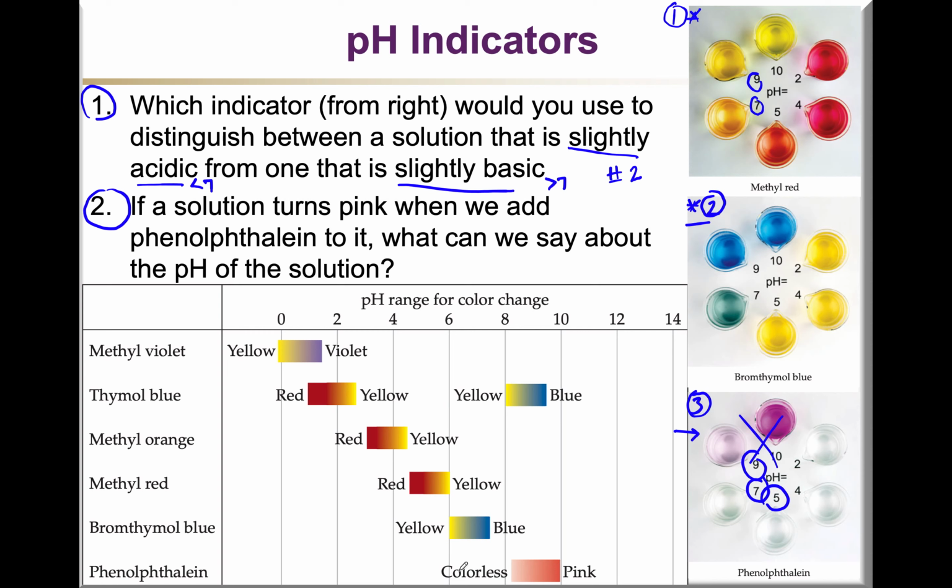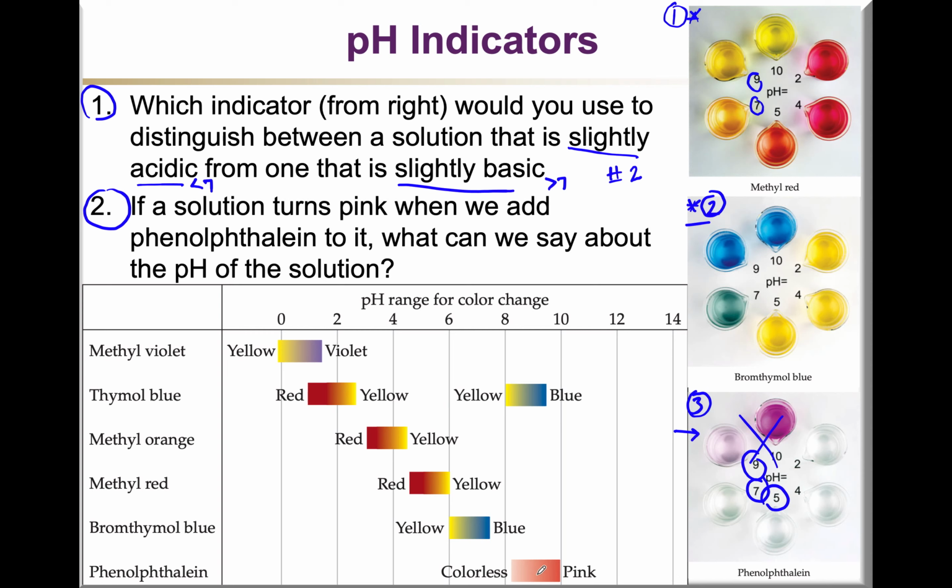So for phenolphthalein, it is colorless at any pH that is less than about 8 point something. And it becomes pink in this range, and then it would stay pink at a pH that is greater than this, right?